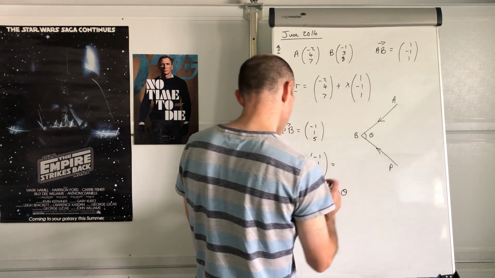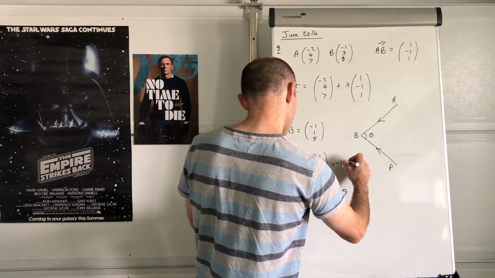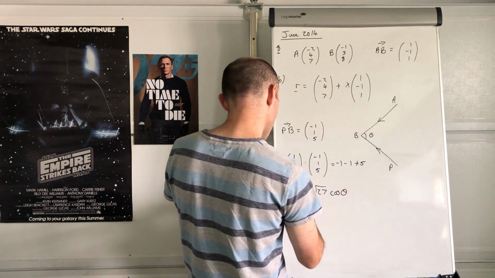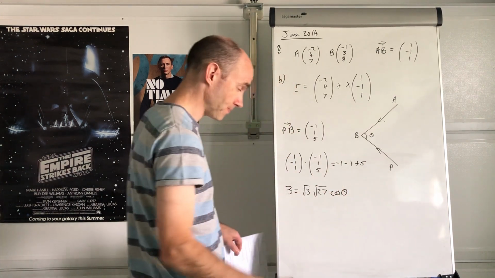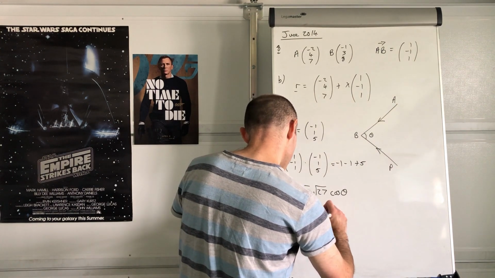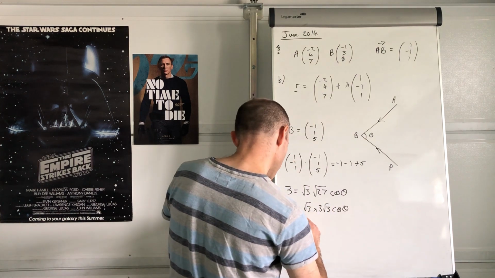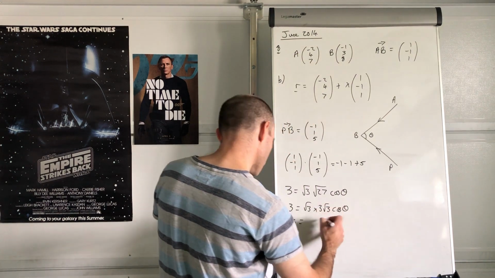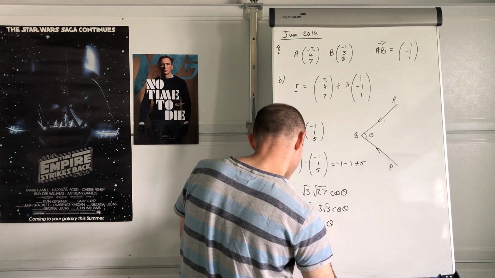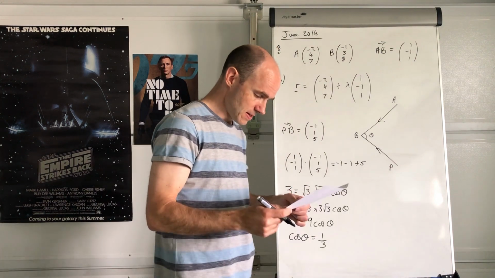And I think there I could put in the 1 times -1, -1 times 1, and 1 times 5. So that's 3. So we have 3 equals that. Do you agree? Of course you do. So 3 equals root 3 times 3 root 3 cos theta. Okay, so you have 3 is equal to 9 cos theta. Cos theta is 1/3. Okay, that's that bit done.